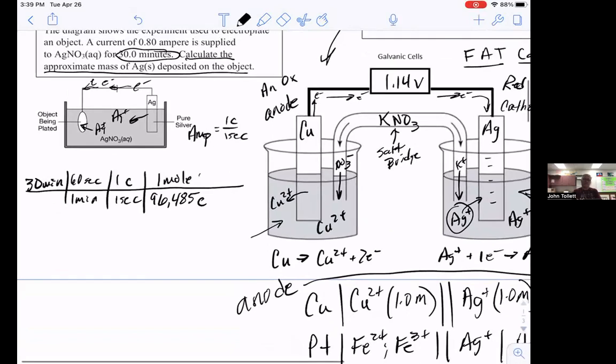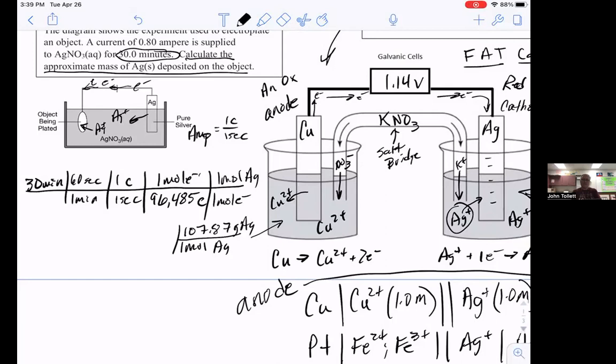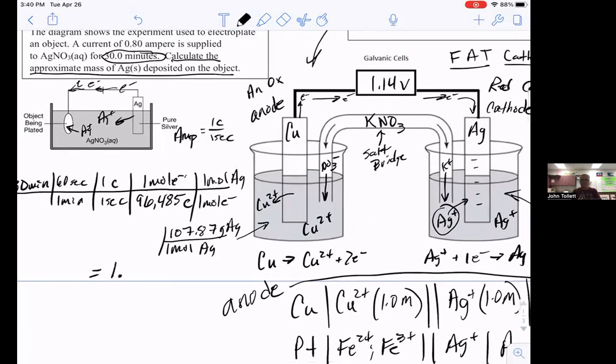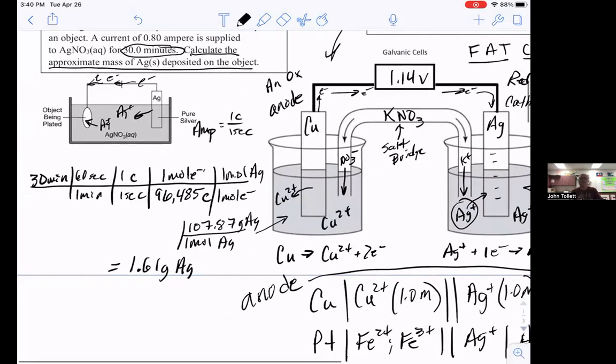And for every mole of electrons, there's 1 mole of silver ions, because it's an Ag+, so 1 mole of silver. I didn't have enough room to do the last step, but 1 mole of silver has a molar mass of 107.87 grams of silver. And so I could go calculate what mass is actually going to be plated on here, and it'd be 1.61 grams of silver. That would be my answer there.